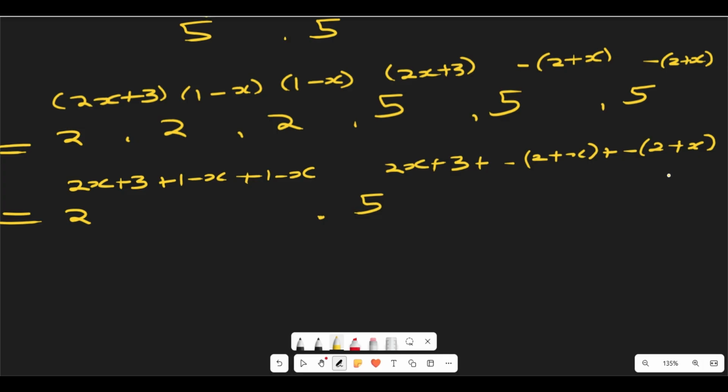2 plus x, because when the bases are the same, we add the indices, just to show it so that it won't be a problem to a lot of people. But here we're dealing with the x. 2x minus x minus x, the x is eliminated, and then we say positive.